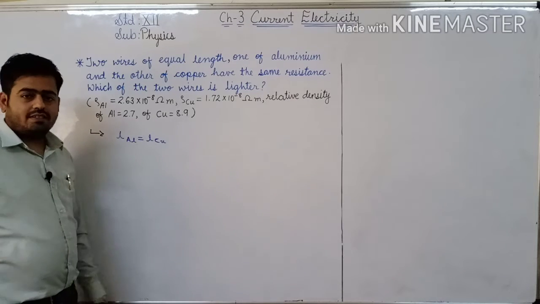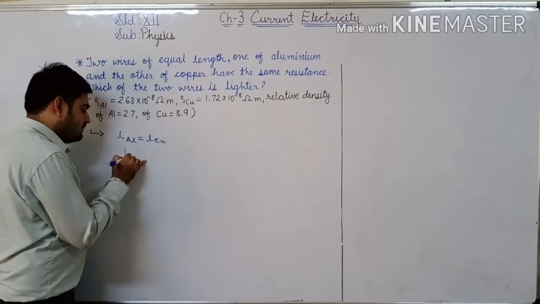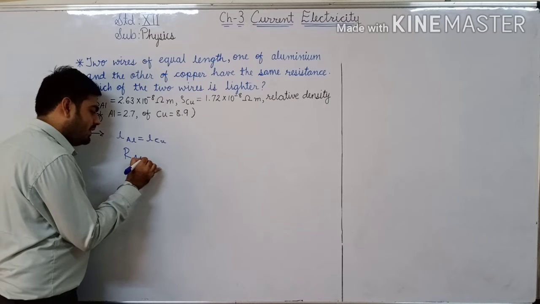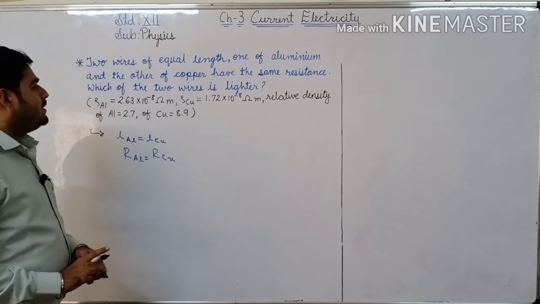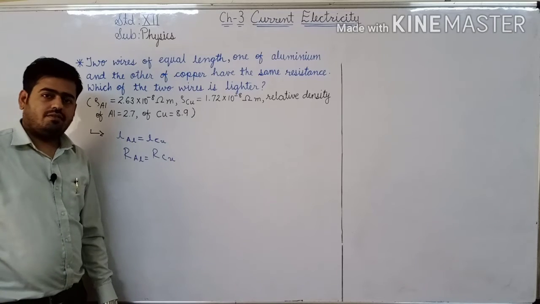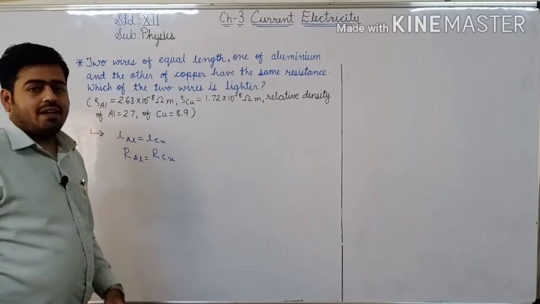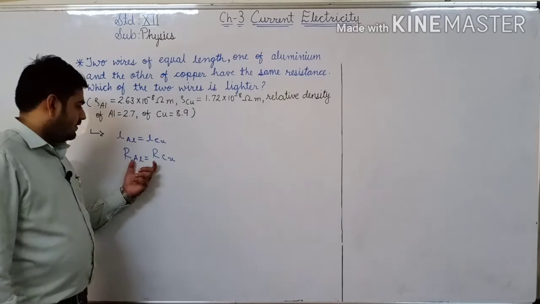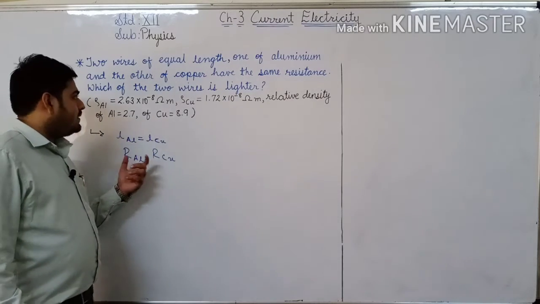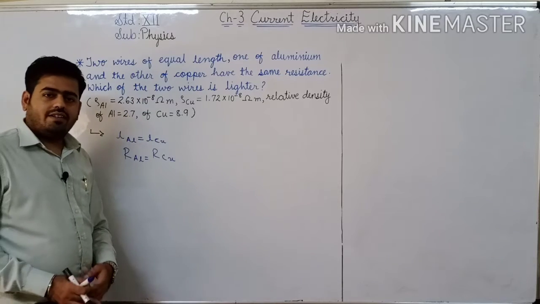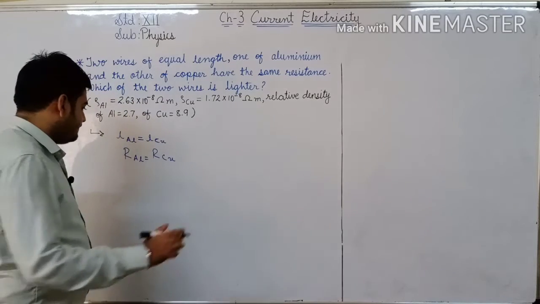Have the same resistance. Resistance is also same. Resistance of aluminum wire is same as the resistance of copper wire. Which of the two wires is lighter? अगर रेजिस्टेंस सेम है, लेंथ सेम है, तो किसका मास कम होगा? That we have to find.